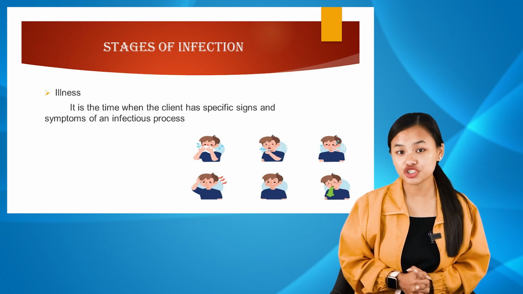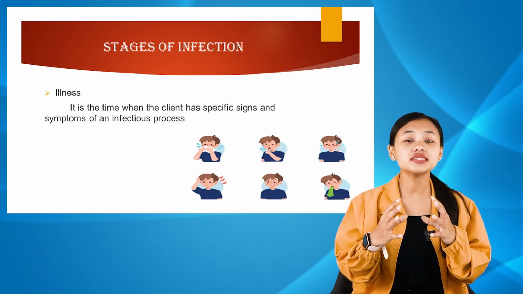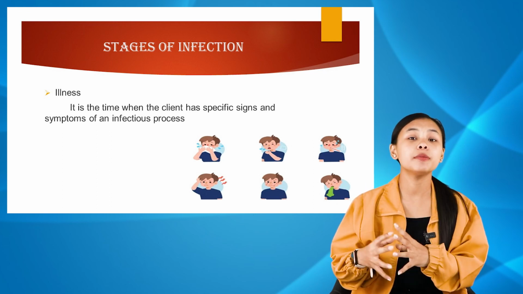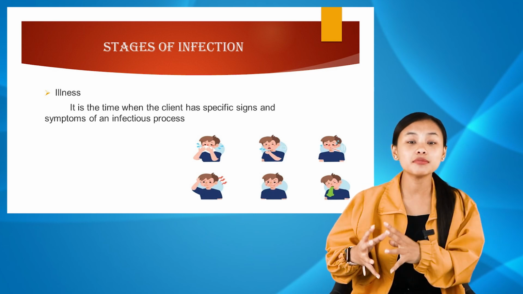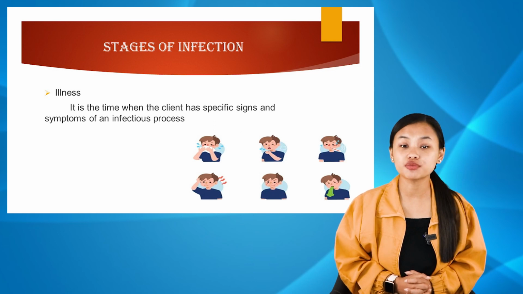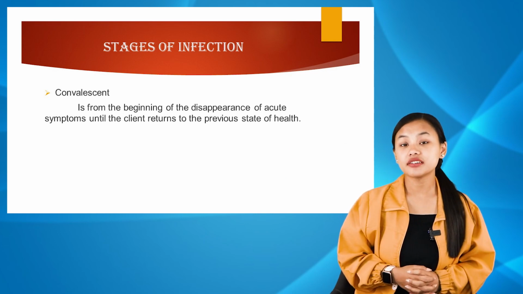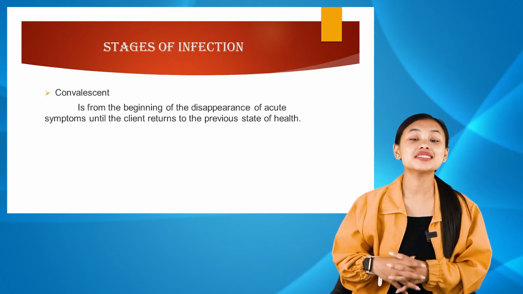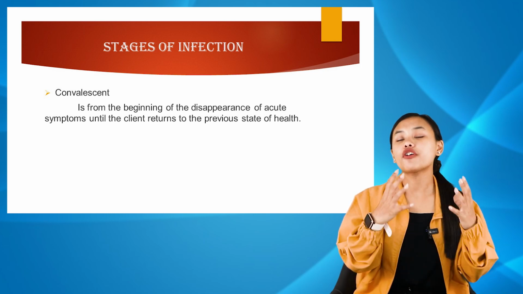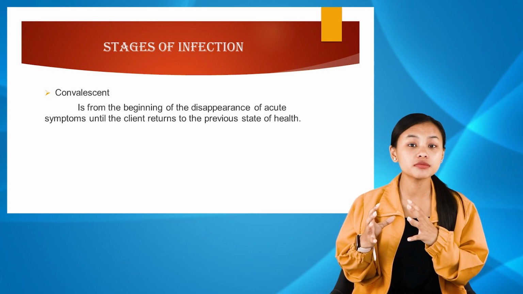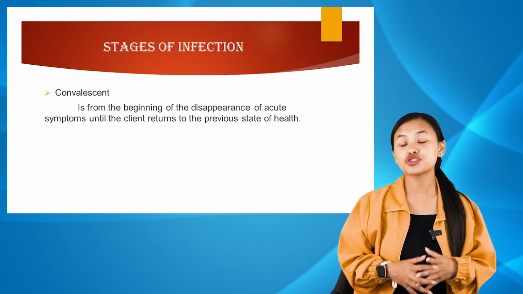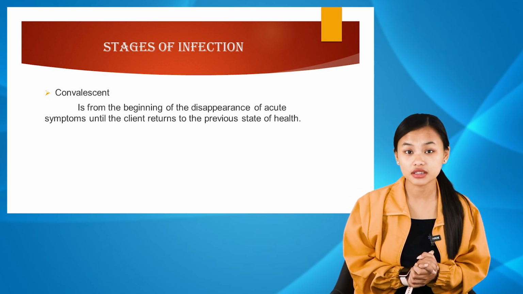Whereas the third stage, the illness, is a time in which the client will be having specific signs and symptoms of the infectious process. And then the convalescent, which is the last, is a stage that starts from the beginning of the disappearance of the acute symptoms until the client returns to the previous state of health.